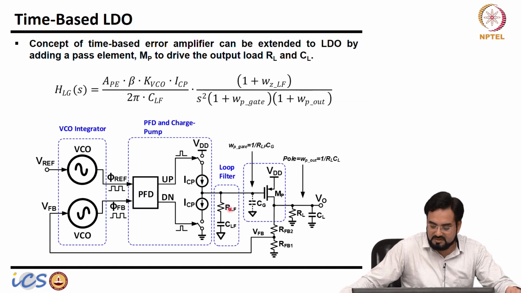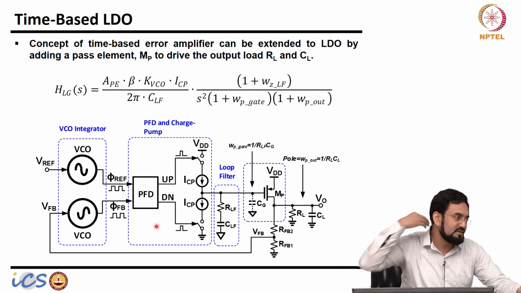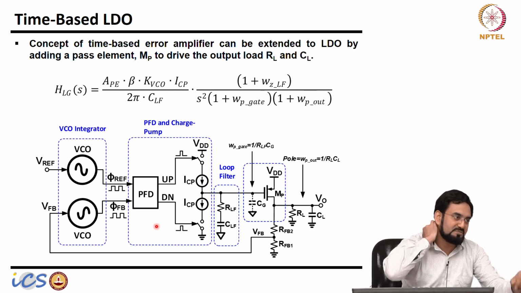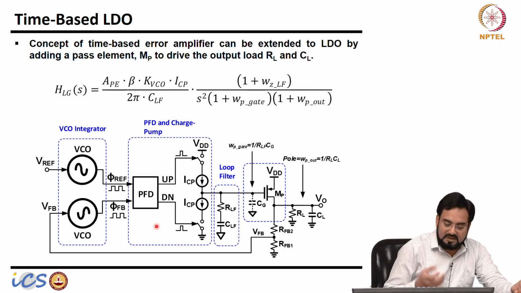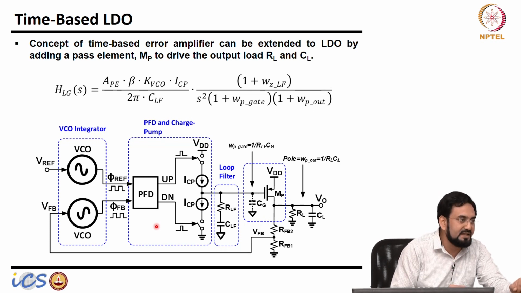You can say that your impedance is limited by this node, but it does not matter for the gain. No matter what you have, if there is any error, that will be integrated into this VCO and it will correct. So ideally it has infinite gain. You can build like 200, 300 dB kind of gain, which is not possible with the voltage mode. So your accuracy will be only limited by the offset, not by the gain here.